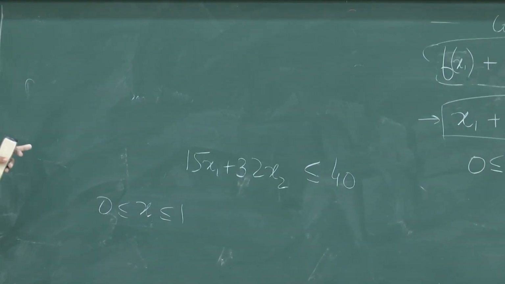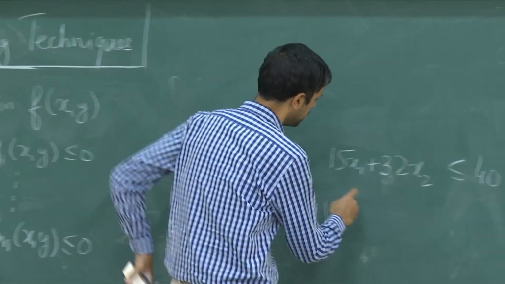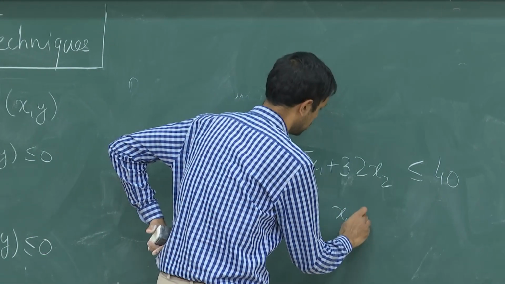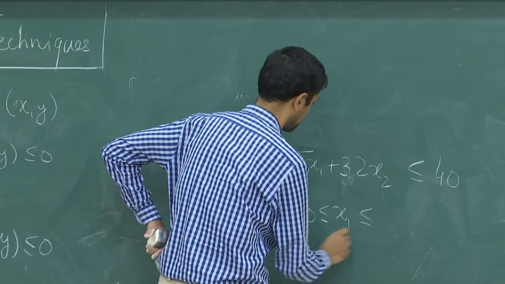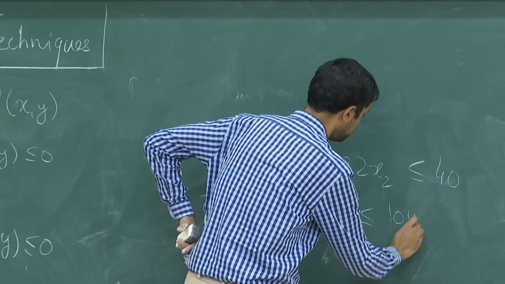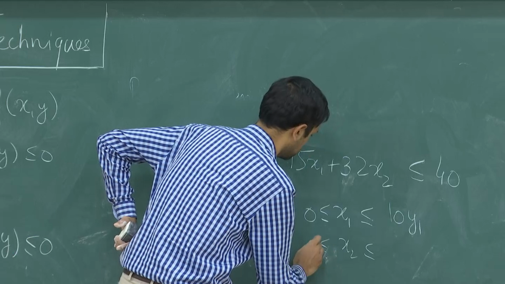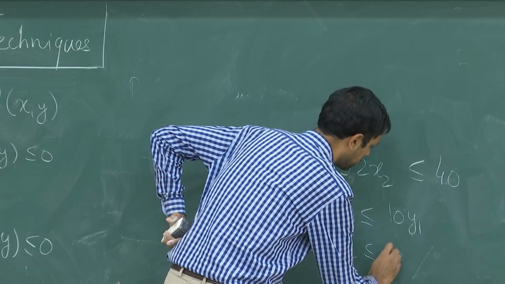So this constraint is not really redundant. But if I have additional constraints, x1 less than or equal to 10y1 and x2 less than or equal to 12y1.